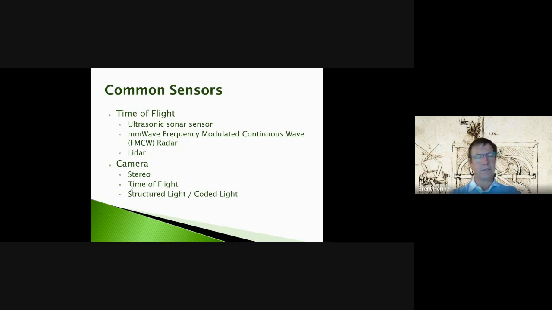And then there's also this idea of structured light, or coded light, which is basically sending out a pattern. We'll talk a little bit more about this, but you shine a pattern out there, and you see how that pattern might be bent when it reflects off of, let's say, a round object. So you can perceive depth that way.